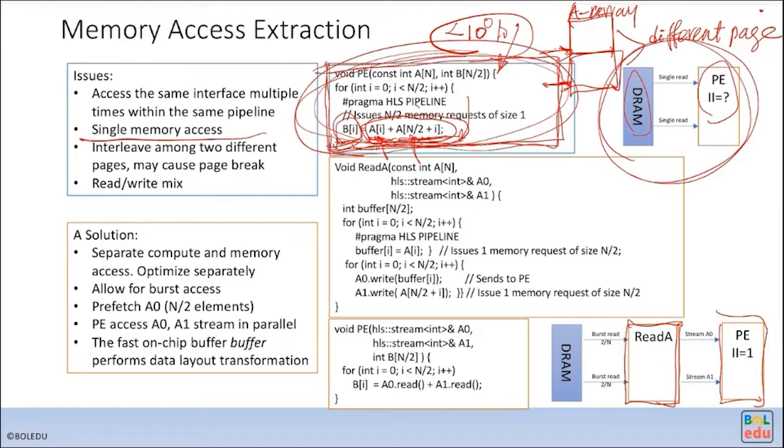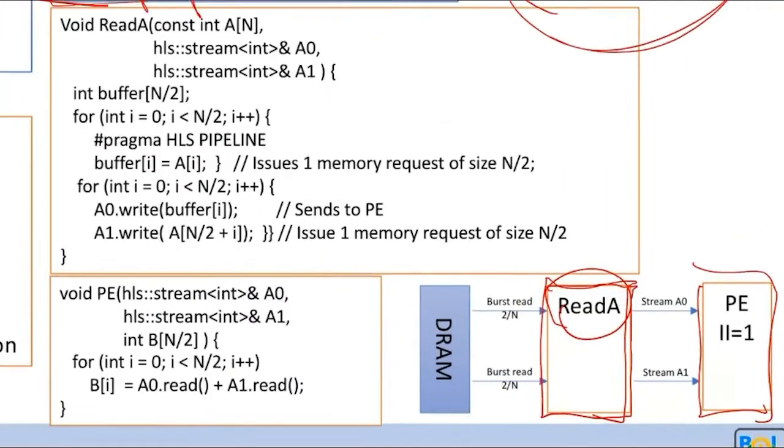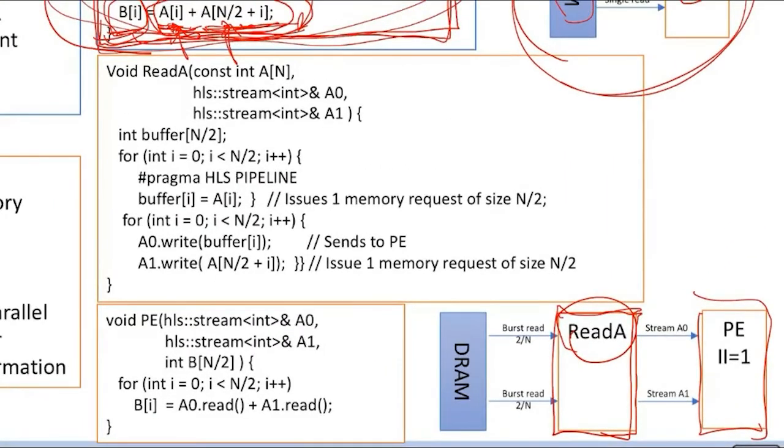Let's look at the read A part, and how it's coded. The first step is to do burst access to the memory and then convert to streaming access. That's the way you decouple the memory I/O from the computation.